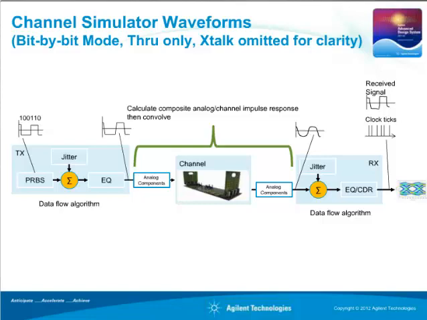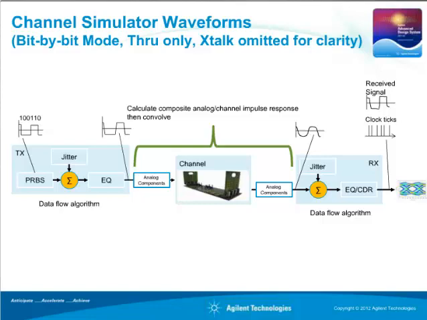Then there is the channel itself, and you can see I've generalized it into analog components, maybe a distributed model or more analog components. The IBIS part of the AMI model is part of that picture. But you could also include resistors and capacitors and transmission line models and those kinds of things in this particular section.